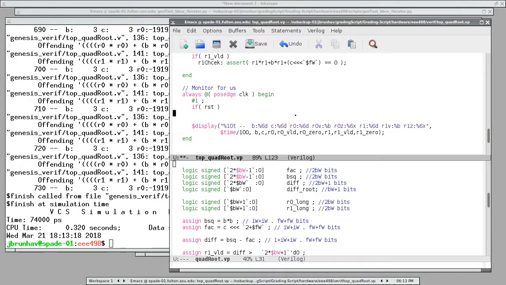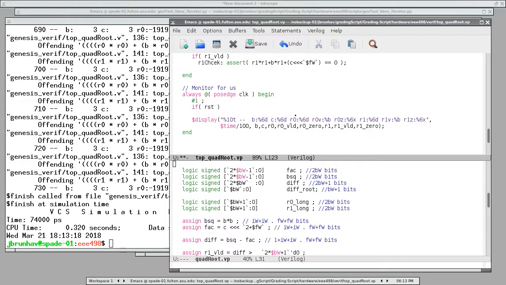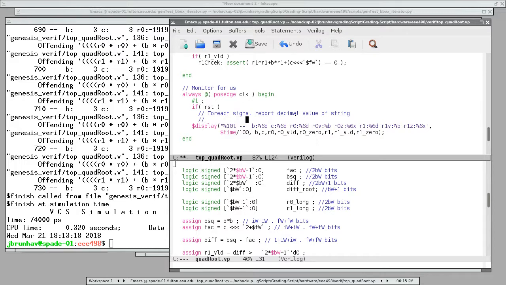So what we want to do here is, you know, for each signal, report decimal value of string. Report equivalent floating point value. All right.